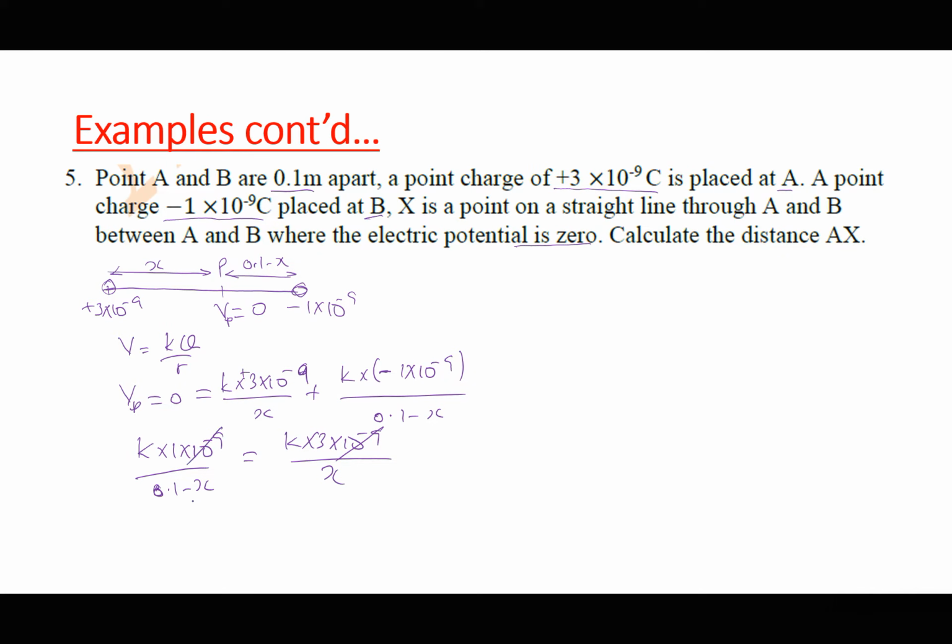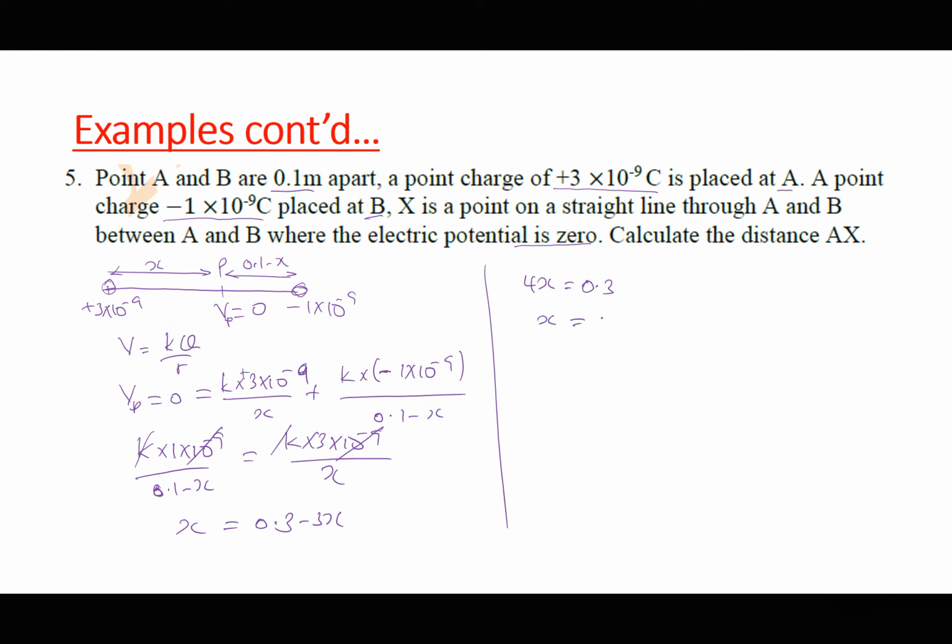So power negative 9 has cancelled, K has cancelled. I'm cross multiplying: 1 times X, that is X, 0.1 minus X times 3, that is 0.3 minus 3X. So when I rearrange, I'll have 4X being equal to 0.3.